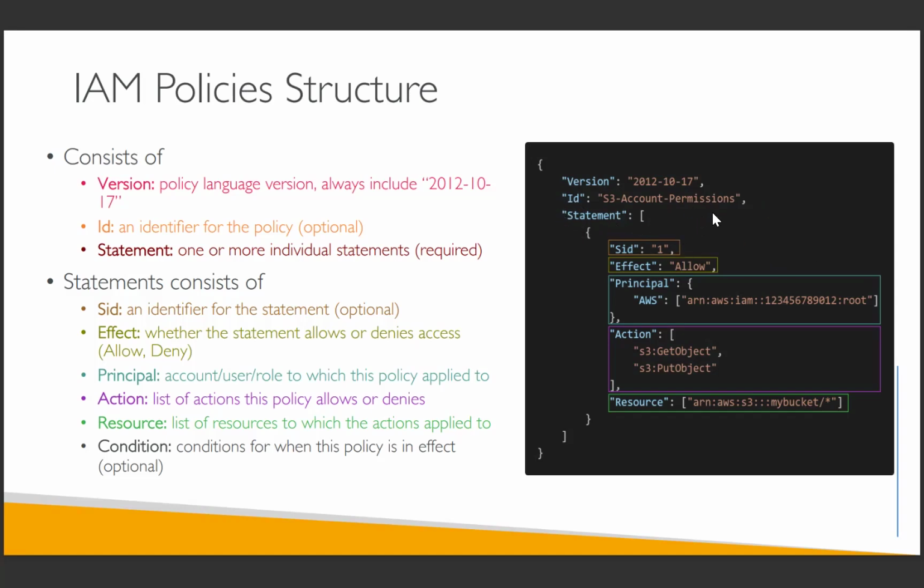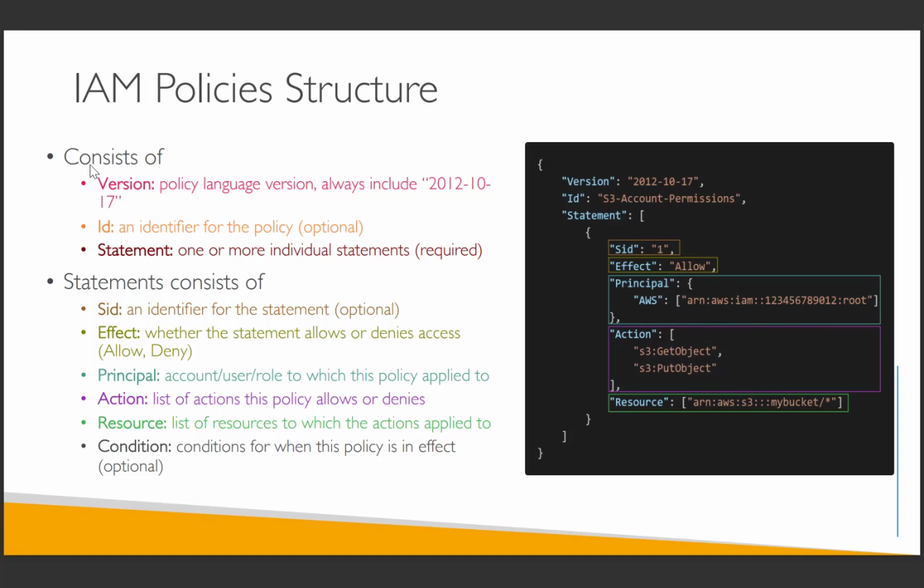Statement. In a particular statement, we can have details like which account is going to have permission on which resource, or can or cannot access which resource, and what actions that account can perform on that resource. Okay, so let's see that.